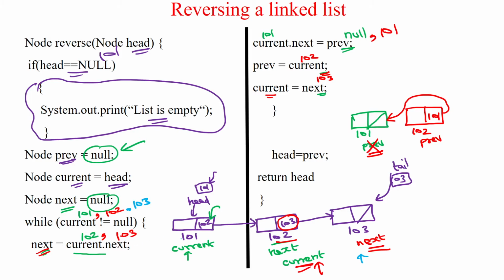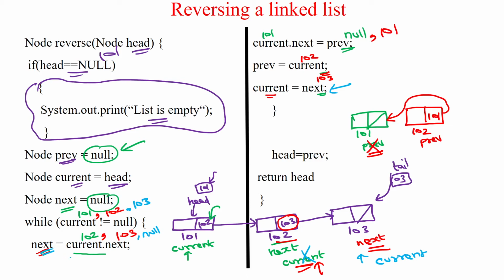Current is 103, already updated in this statement. So current is not null, true. Current dot next is null, so null is assigned to next.